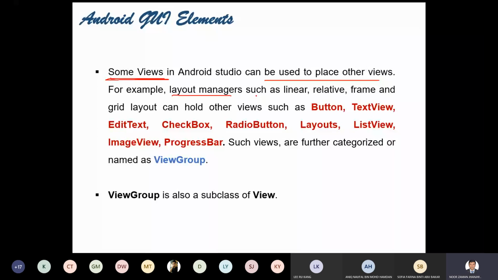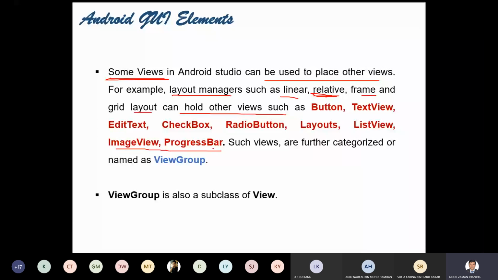In the layout, we can place other components and controls, such as the linear layout, the relative layout, which we will be using today, the frame layout, and the grid layout. They can hold views such as buttons, text boxes, edit boxes, check boxes, radio buttons, images, and all these things.